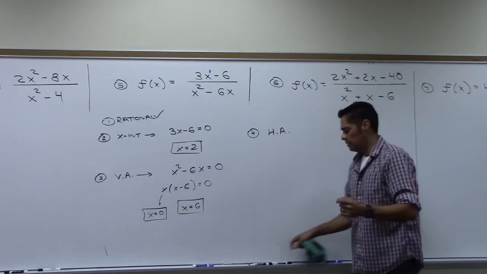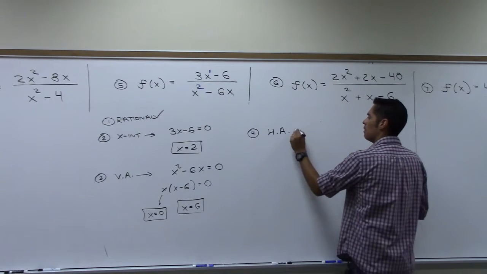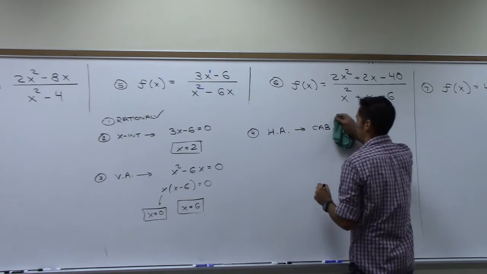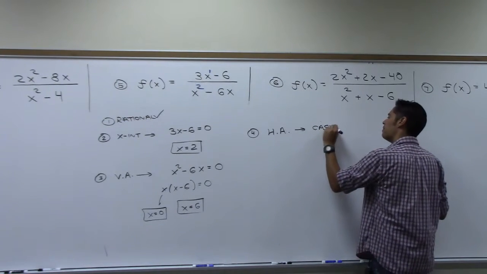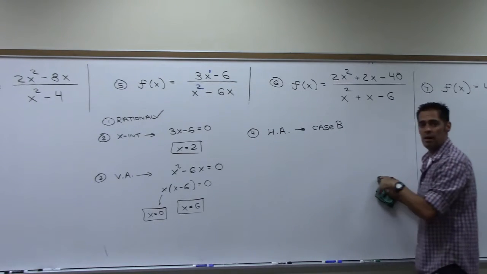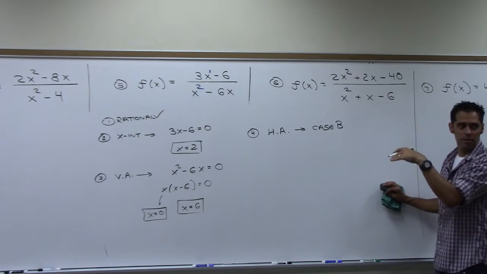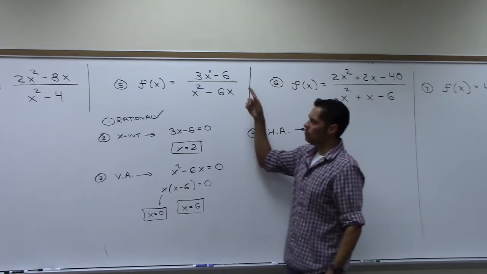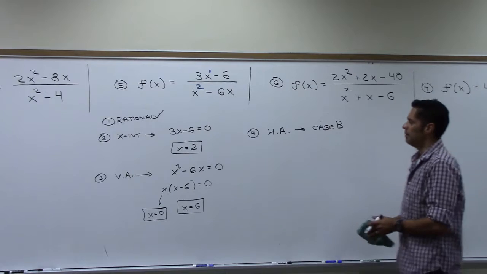Case B was when the numerator's degree was smaller than the denominator. 1 is smaller than 2, so we have case B. Case A is what? When they're the same, right? Okay.